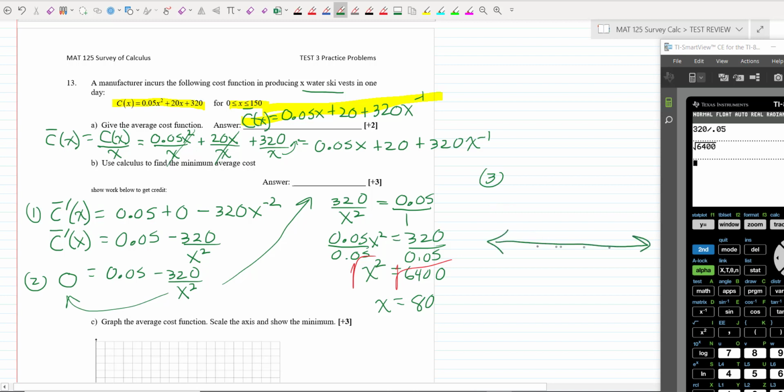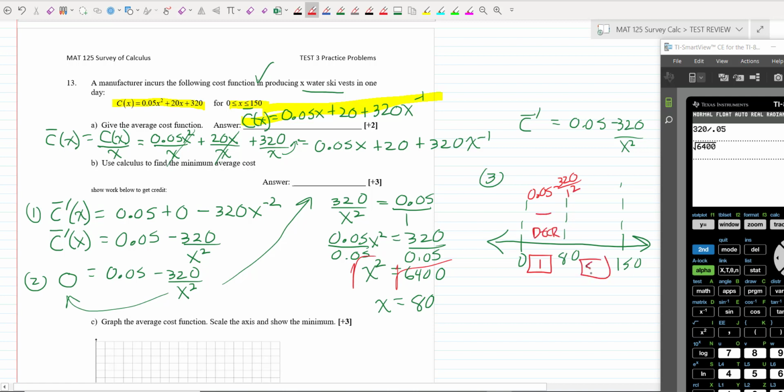Now, if you were going to continue with the sign chart, you would just go like this. This problem is defined at the beginning between 0 and 150, and we just found our critical value to be 80. Our derivative is 0.05 minus 320 over x squared. If we plug test points in between 0 and 80, if we plug a 1 in, we would have 0.05 minus 320 over 1 squared. That's negative, so the function decreases.